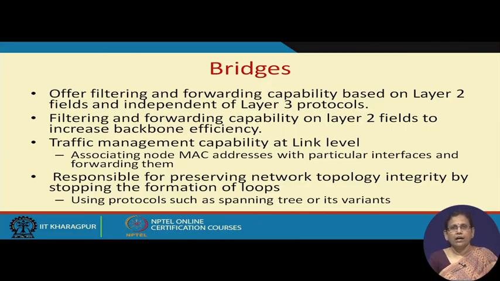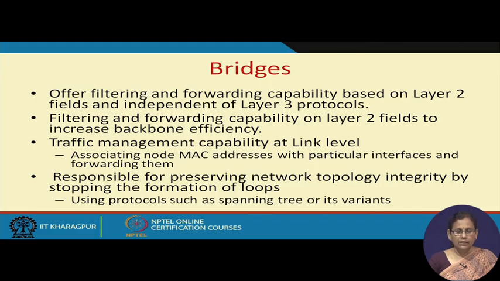Then you have bridges. These bridges offer filtering and forwarding capability based on the layer 2 fields, independent of the layer 3 protocol, to increase the backbone efficiency. They have traffic management capability at the link layer.